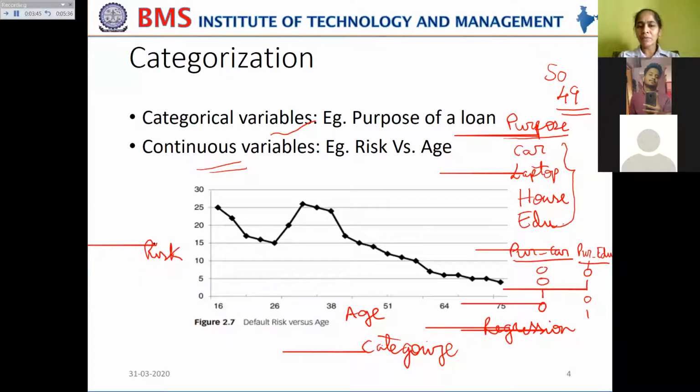In this case, the smaller the age, the higher the risk of defaulting, whereas after some years, when he joins a job, in the initial days he may be a good payer of the loan. Again, when he starts a family and the responsibilities increase, the risk of defaulting increases, and after that he becomes stabilized in his life, and so the risk of defaulting slowly reduces, right?